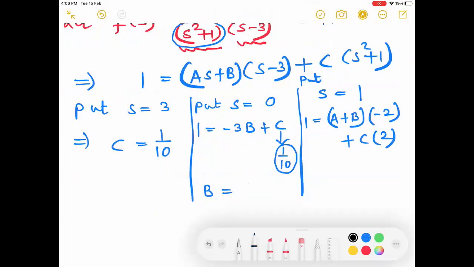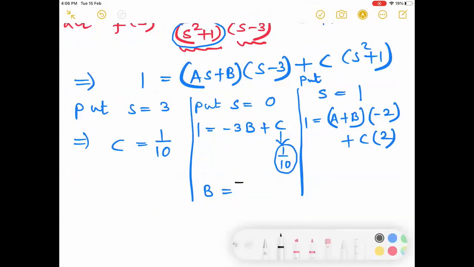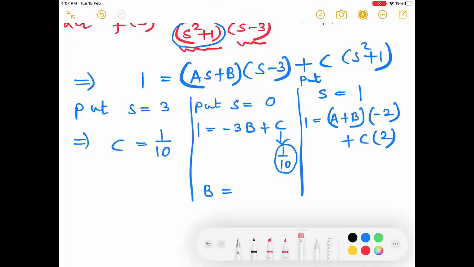Minus 3 by 10. Let me check. If you put C equal to 1 by 10, then 1 minus 1 by 10 is 9 by 10, so 9 by 10 equals minus 3B. So the correct answer is minus 3 by 10.